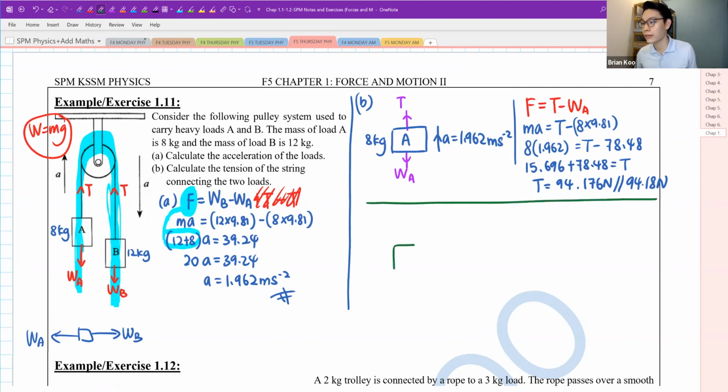Let's see what will happen. Okay, just practice and see if you can get the same answer. Have a good habit of drawing the free body diagram, because question can ask you to draw. And also putting down the acceleration is helpful.